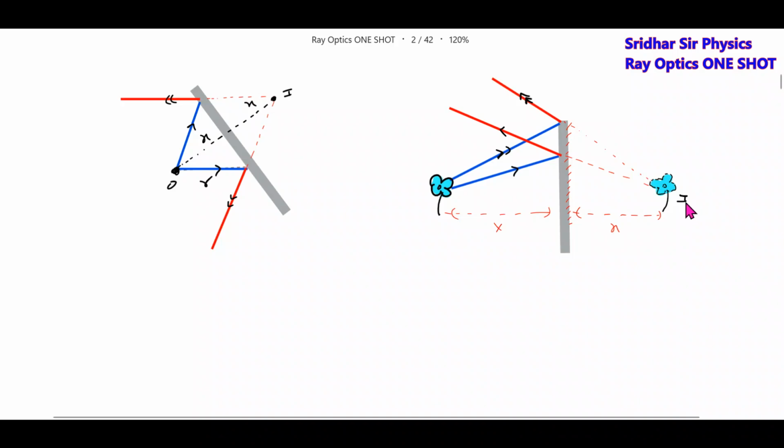Okay, then this is your image, this is the object. Like this is about the image. You stand in front of a plane mirror, you'll get all the ideas. Nothing bigger than this one.